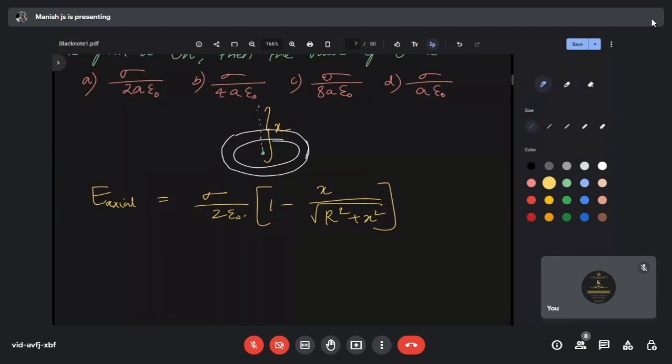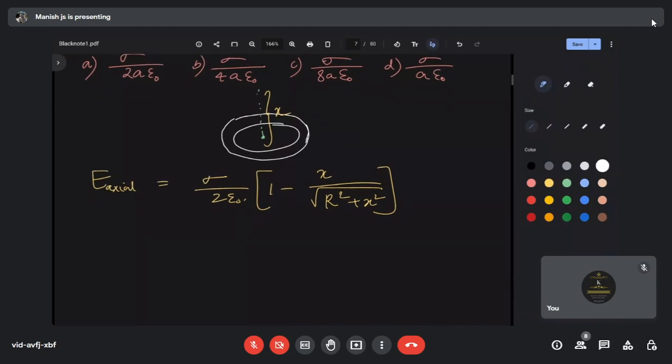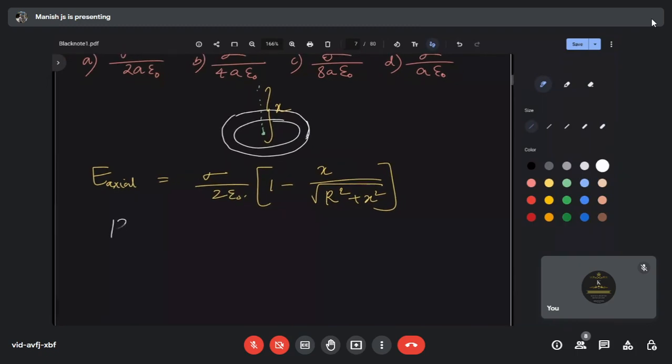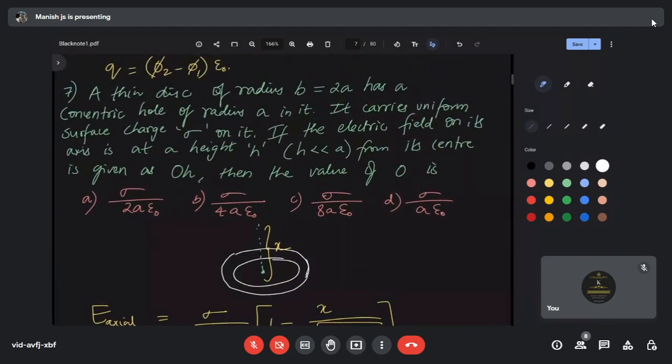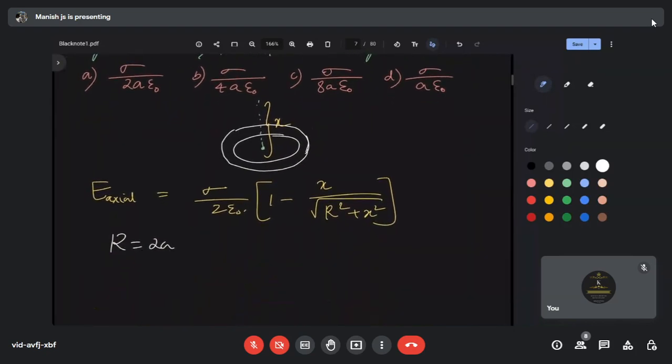This is the formula we primarily use. As per the data given in the question, we have to modify it. The disc radius r is equal to 2a, or b is equal to 2a, whatever you call it, they have already given it. So appropriately you will have to substitute the values.